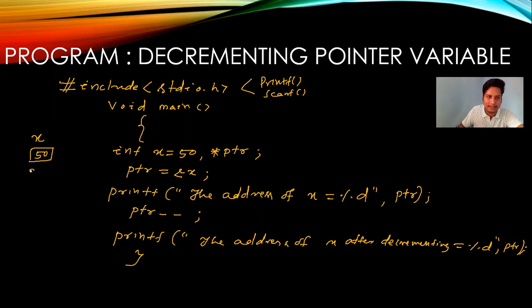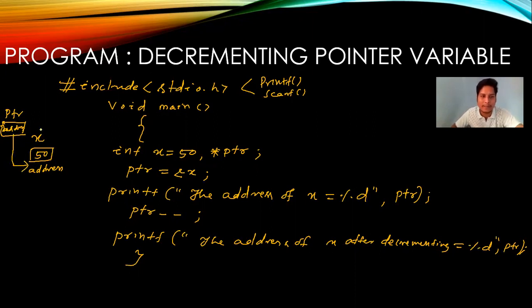Suppose this is the address, and this address will be stored by the pointer variable. Suppose this is ptr, and inside ptr we have to write the address. So this address will be pointed like this.